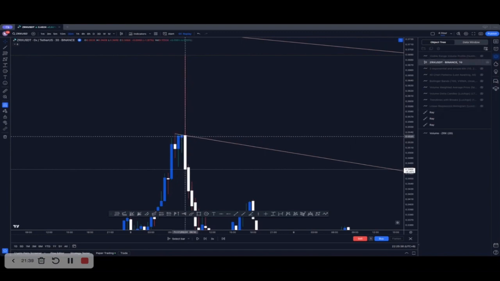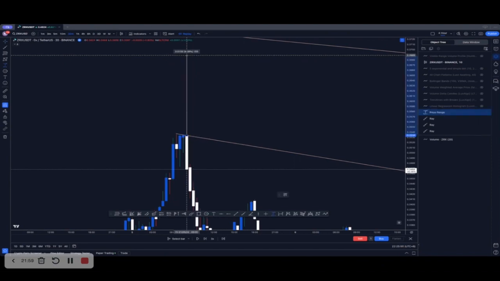But because there's a huge wick up, that means we opened at this price, 35 cents, 34, but there was a point where the price was driven up all the way to 36 cents, 87. That was almost a 4.5% move within the 30 minutes, right? It was driven all the way up and driven all the way down.